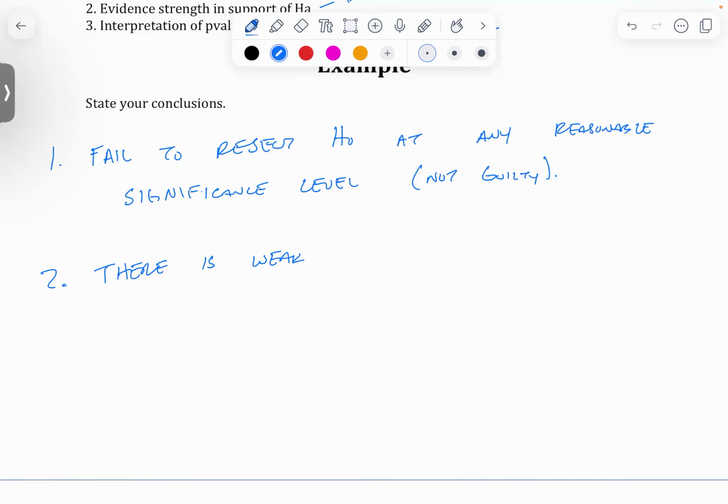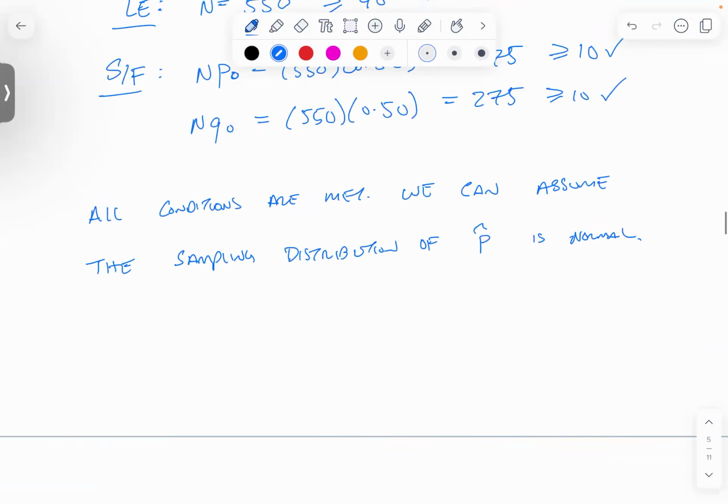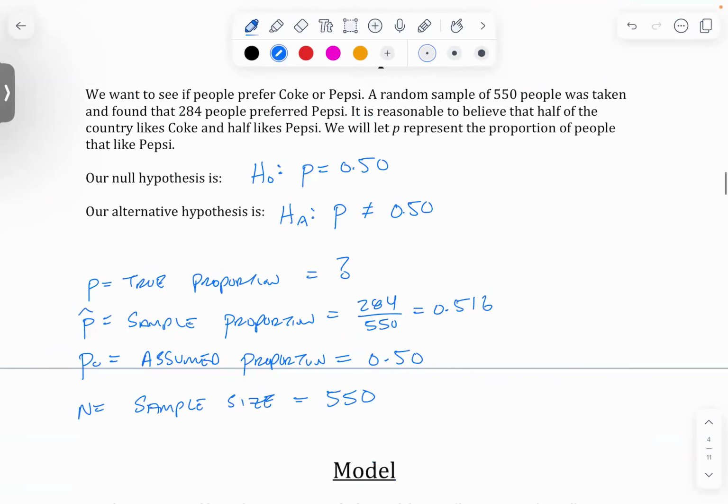I like to say weak and strong. There is weak evidence to show that... Now the reading of the charges. The charge is the alternative hypothesis. So I'm going to say this in words.